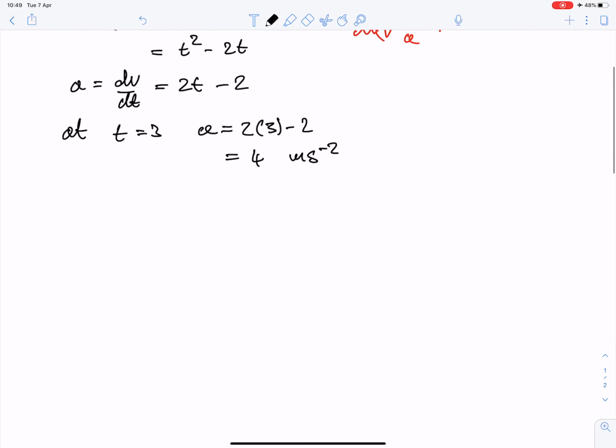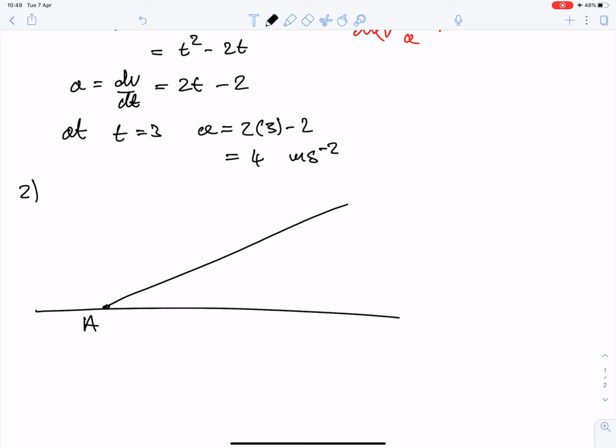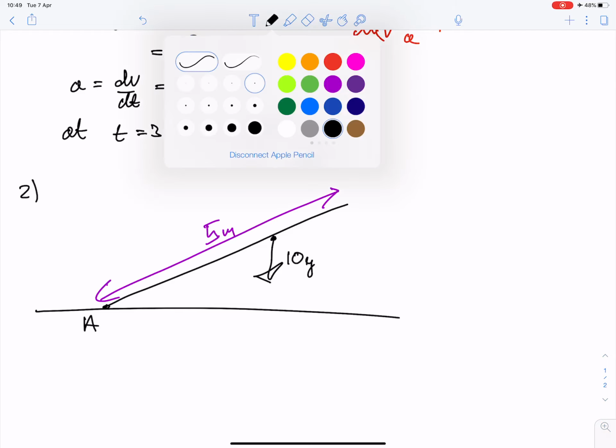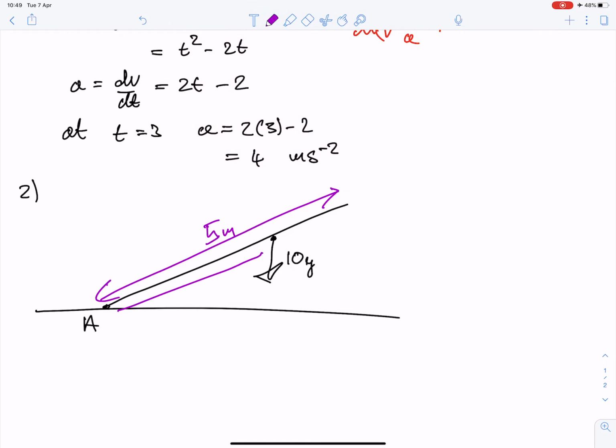Okay, our second example, we're going to take a non-uniform rod which is hinged at the point A to a horizontal plane. The length of that rod, let's call it 5 meters. And we're going to make that rod of mass 10 kilograms, but we don't know where its centre of mass is, so we're going to have that distance to the centre of mass as x.